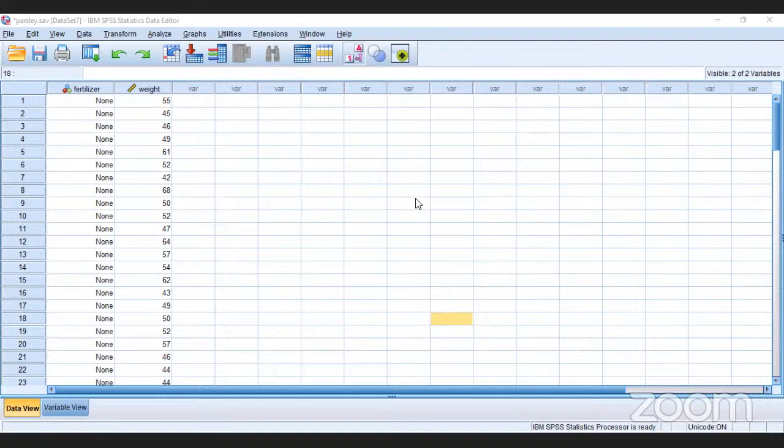So, who can interpret for us? Standing, what do we notice? Do we have outliers? No outliers.